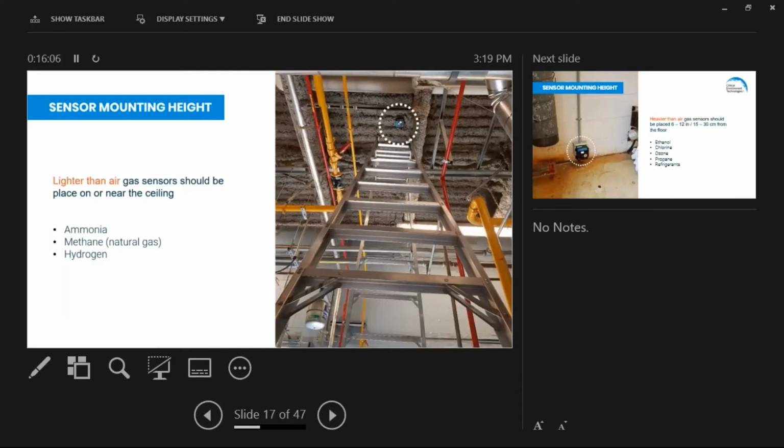Conversely, if you're monitoring for combustible gases or some refrigerants that may be lighter than air or heavier than air, then your sensors for the lighter than air, of course, are going to be at the highest point of the envelope, or in most cases, what's called the ceiling, or they're going to be down near the floor for the heavier than air gases, such that these gases can be detected and the concentrations identified before they become too much of a problem.